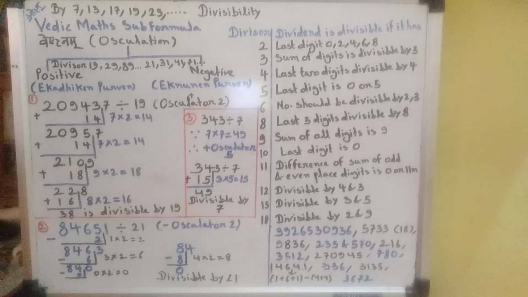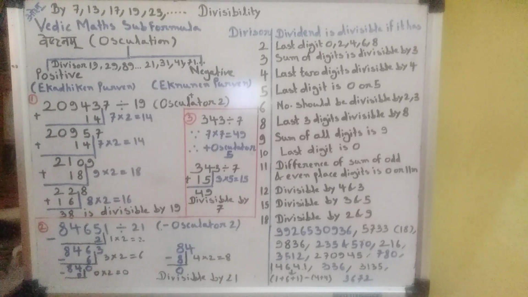This unit place 0 is multiplied by the osculator 2 to get 0. 0 is subtracted from 84. 84 minus 0 is 84. Again we take the last digit 4 multiplied by the negative osculator 2. 4 into 2 is 8. 4 is deleted and 8 is subtracted from 8 only. We get 8 minus 8 is 0.